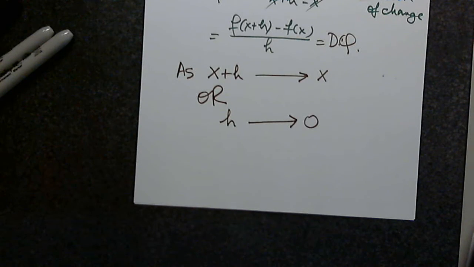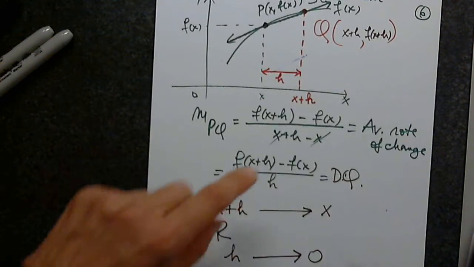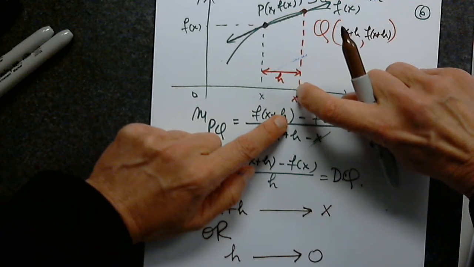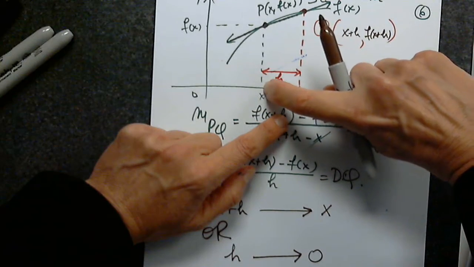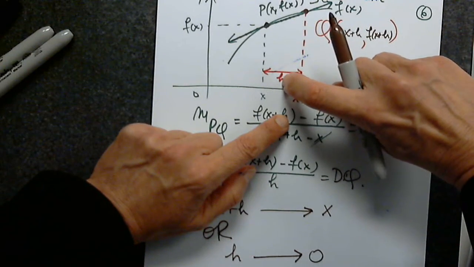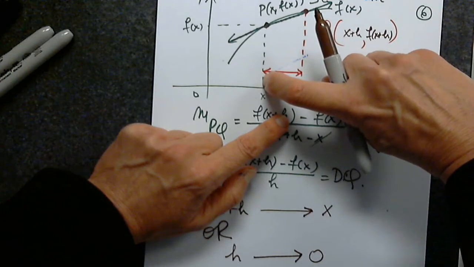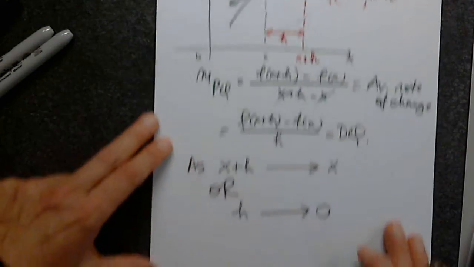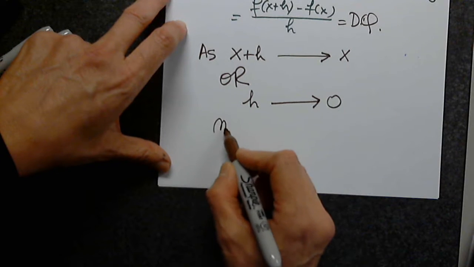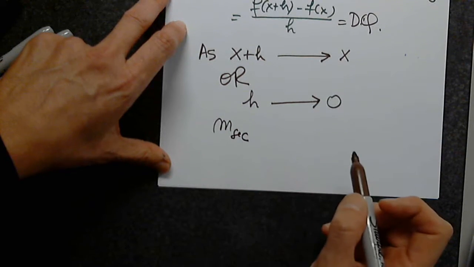There is no other way. So as this gets closer and closer to this, obviously h gets closer and closer to 0. Agreed?